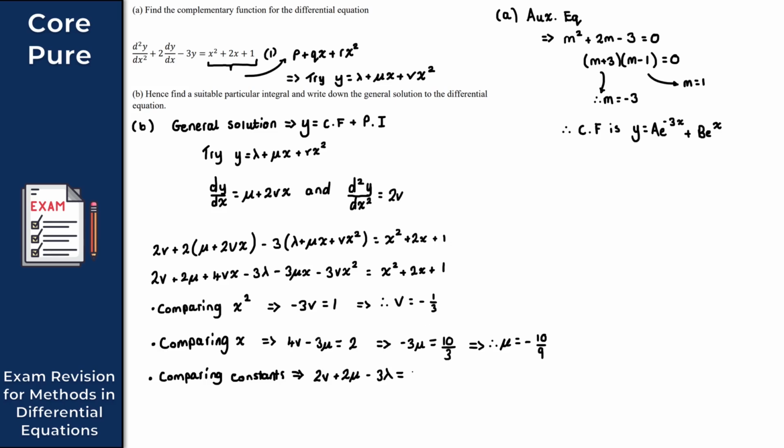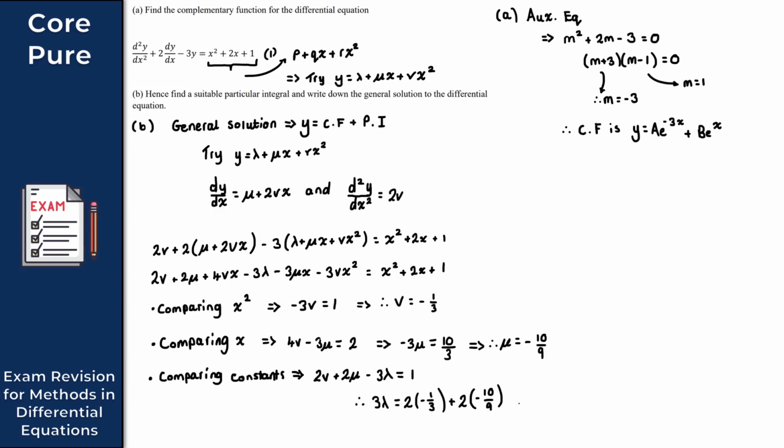Again, at this point all we want to do is solve for lambda. So we just rearrange: 3 lambda is equal to 2 lots of minus 1 over 3, 2 lots of minus 10 over 9, and then finally, minus 1.